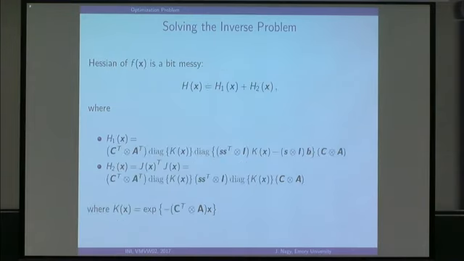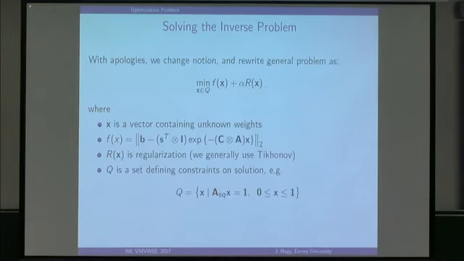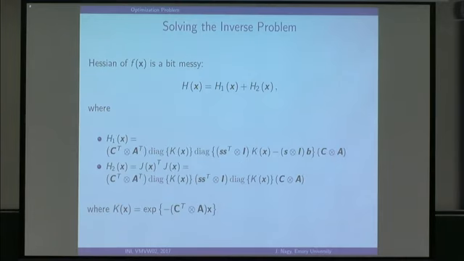And so let me look at the Hessian of just the fit to data term. Again, it's a bit messy, right? So if you look at this thing, I have this x inside this element-wise exponential. So I need to write down the derivatives, and of course the usual thing is to write it as the sum of two terms. One of these terms is associated with my Jacobian, and then there's the other stuff here.